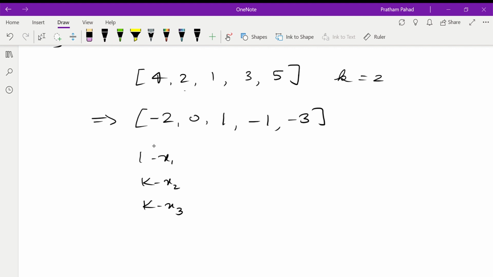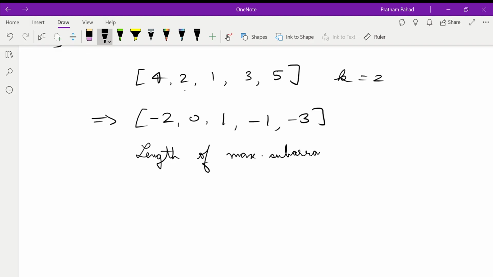So now our problem has come down to another problem, that is finding the length of the maximum subarray with sum greater than minus 1.